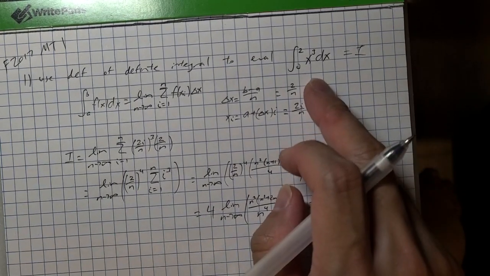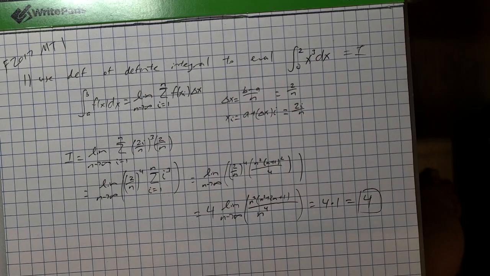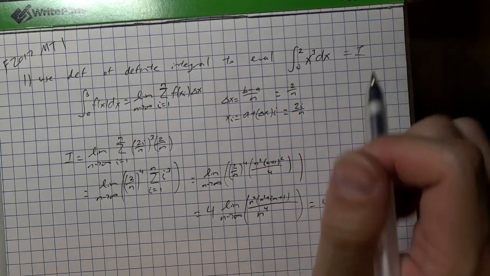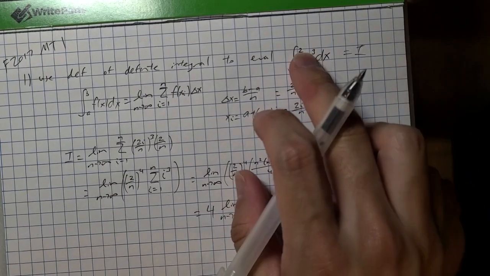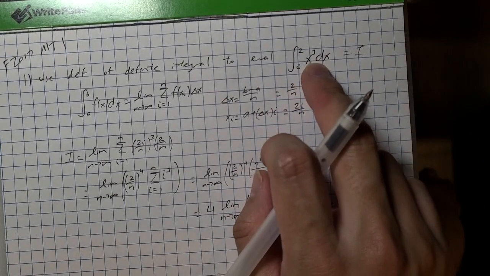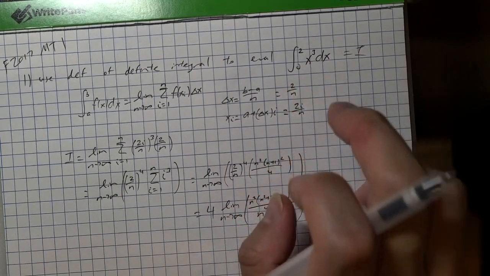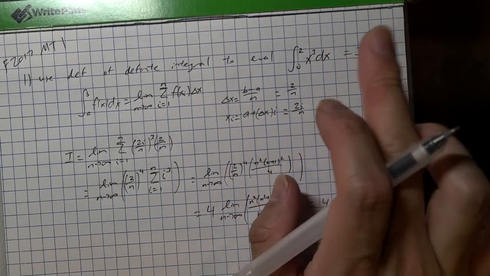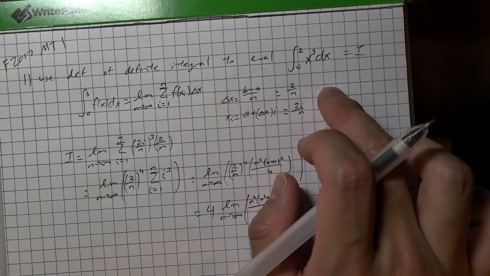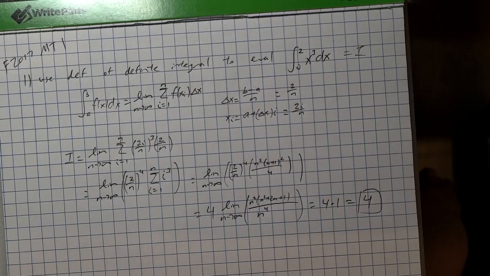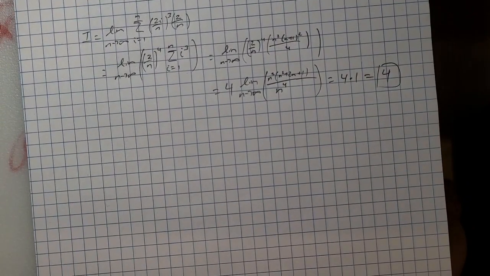Did I do the antiderivative wrong? Oh, sorry. It'll be x to the fourth divided by 4. Yeah, I did the antiderivative wrong because I was doing it in my head. My bad. When we take the antiderivative, it's x to the 4th divided by 4. Evaluate that from 0 to 2, so what matters is 2 to the 4th divided by 4, which is 16 divided by 4, which is 4. Matches.